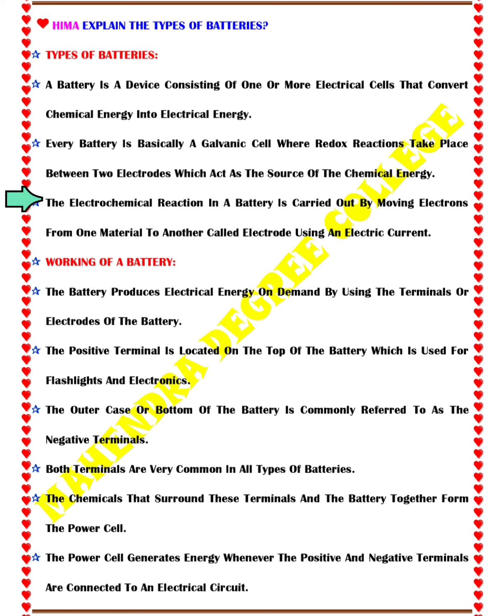The electrochemical reaction in a battery is carried out by moving electrons from one material to another, called electrode, using an electric current.